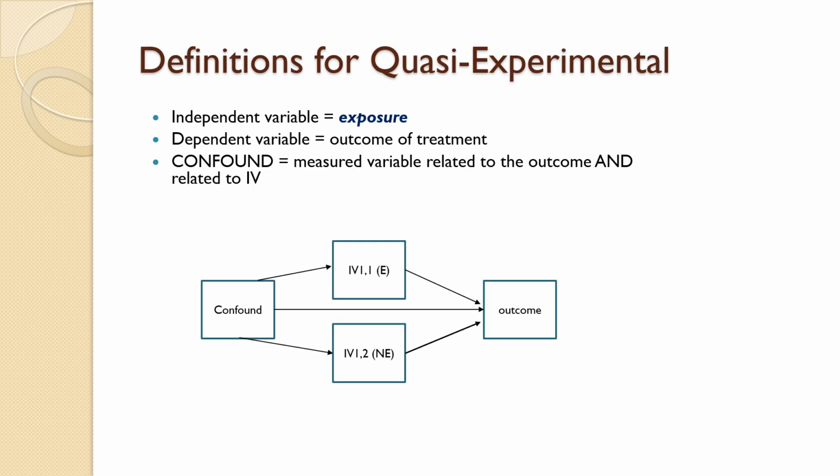A confounding variable comes from a quasi-experimental setting or quasi-experimental design. A confound variable is a variable that you could measure that's related to both the outcome and also to the independent variable or the grouping variable. This is, I think, an often misunderstood distinction. Covariates are good things.